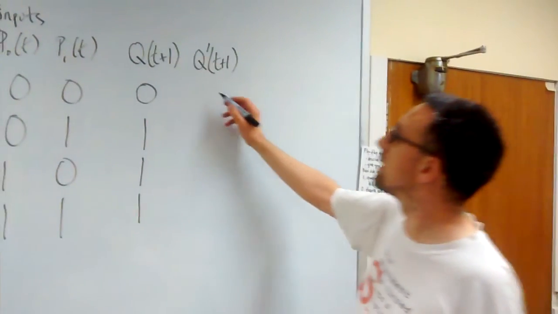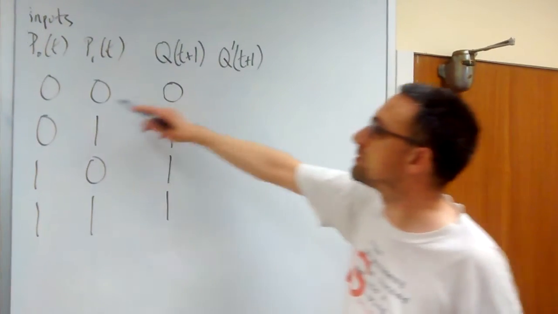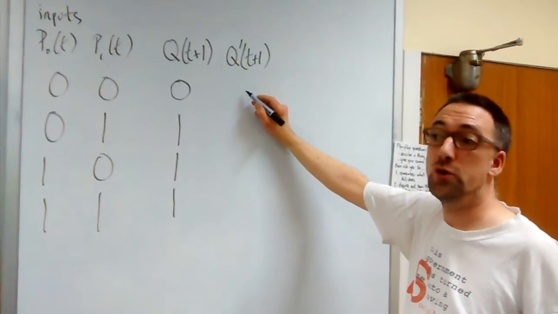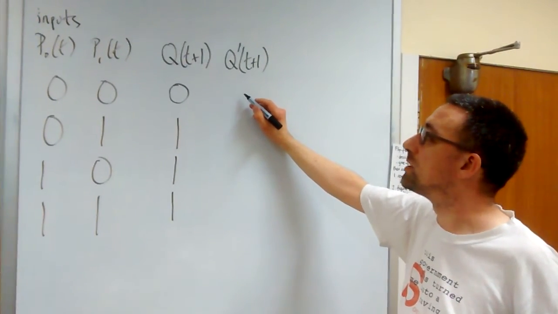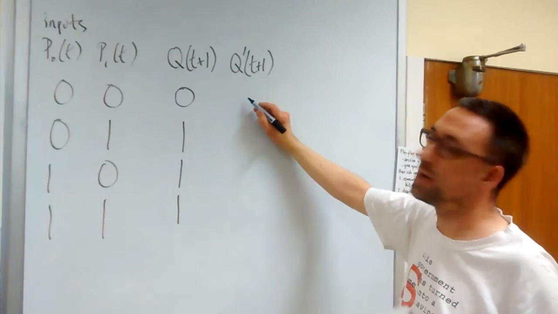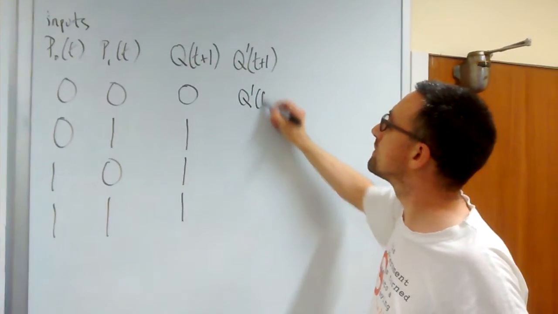Now, working over here, if nobody wants to print, then Q prime is supposed to tell us who printed last. And under the situation that nobody new wants to print, whoever printed last will stay the same.